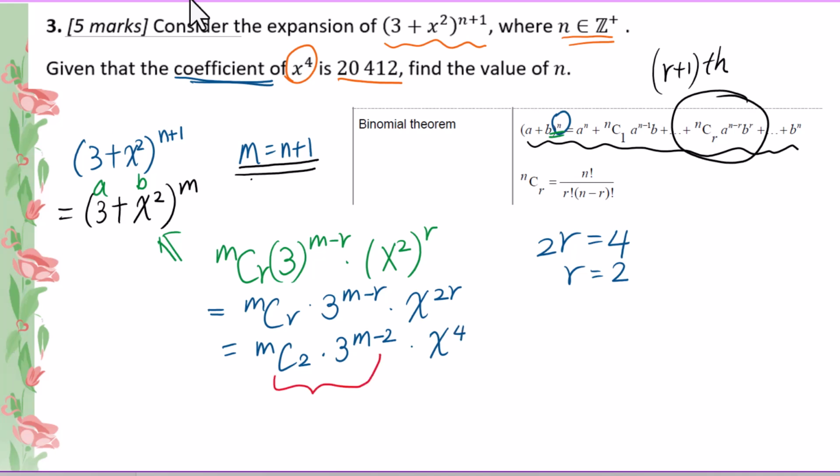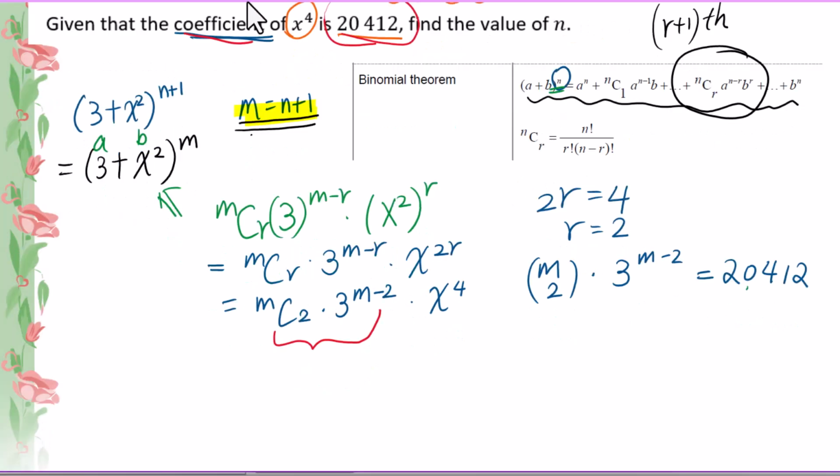We are given the coefficient of x to the 4th power is this. So m choose 2 times 3 to the power of m minus 2 equals 20412. Then we can use the equation solver or graphing to solve this equation. I will show you both ways.